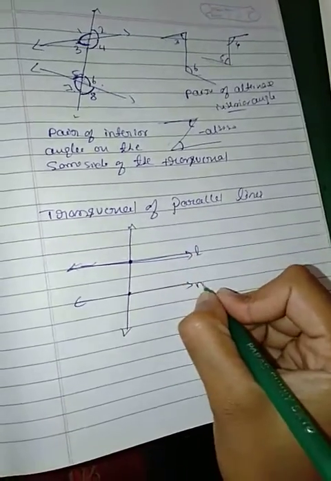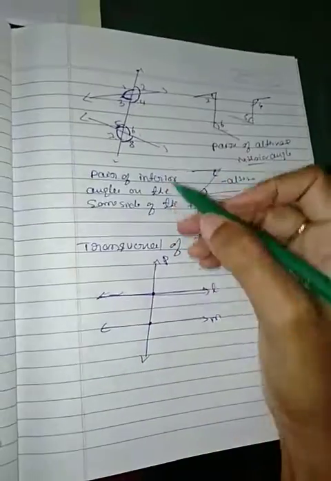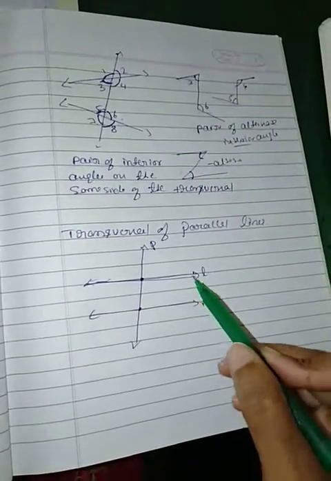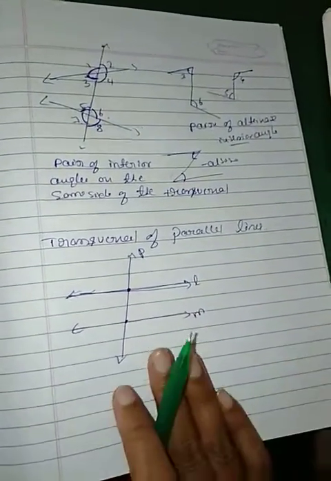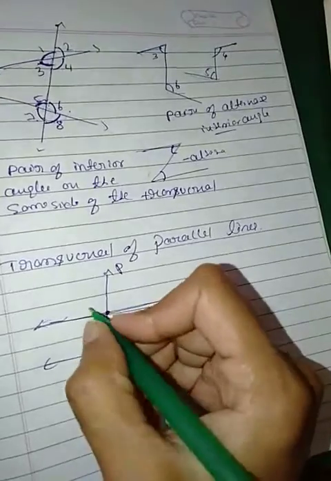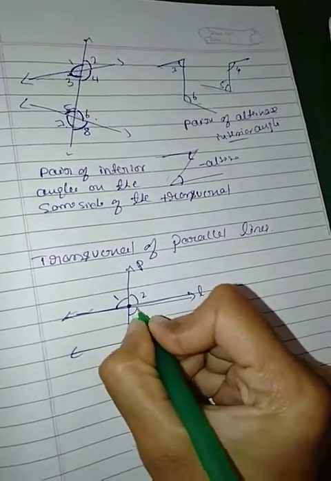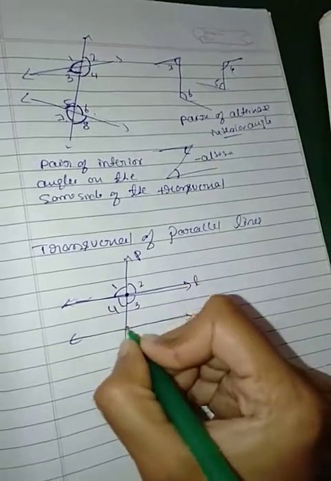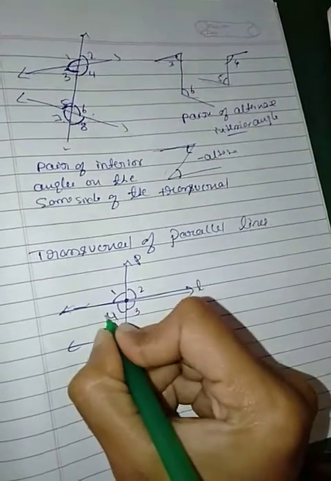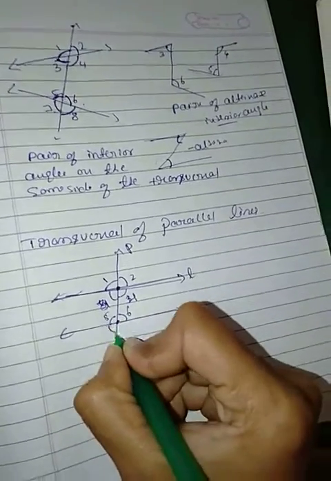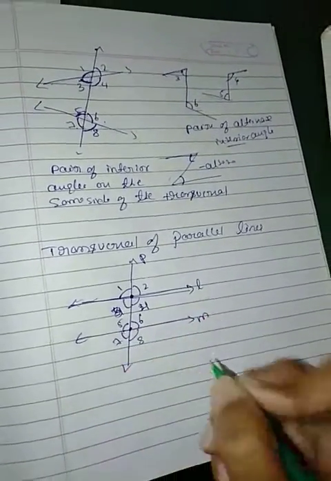This is the L, this is the M, this is the P. Here the lines are not parallel, but here the lines are parallel. Okay, and here, this forms the angles. This is 1, this is 2, this is 3, this is 4, this is 5, this is 6, this is 7, this is 8.